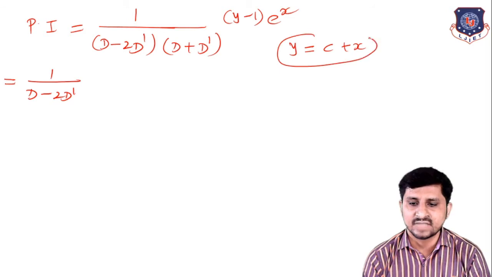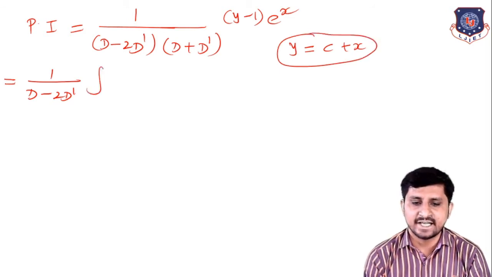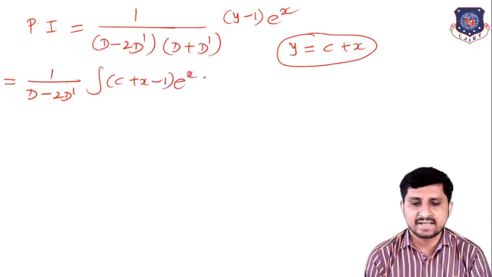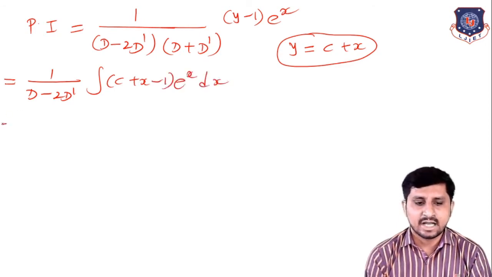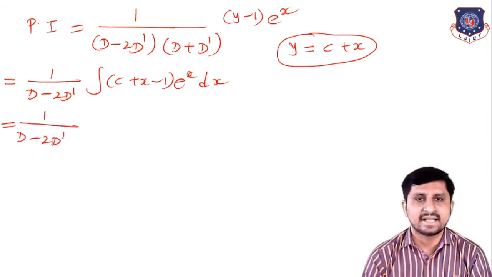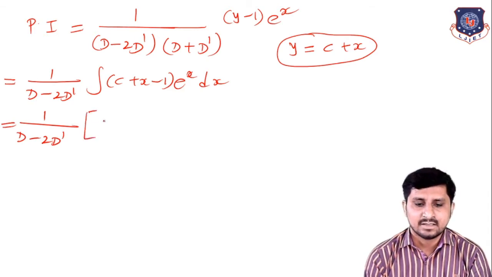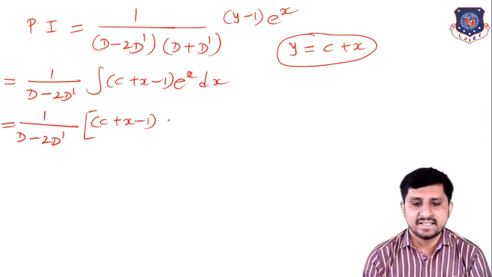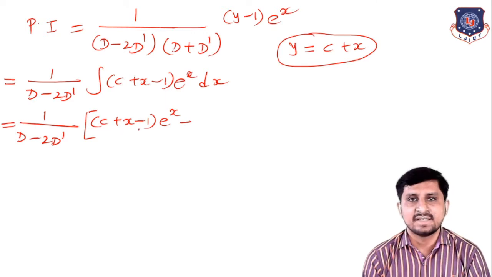Okay. So that's why this equal to integration c plus x minus 1 e raised to x dx. Okay. Now integration by parts. So 1 upon d minus 2d dash, that is as it is, integration by parts. So c plus x minus 1 as it is, integration of e raised to x, that is e raised to x, minus differentiation of this function c plus x minus 1 with respect to x, so that is 1, and integration of e raised to x, so that is once again e raised to x.